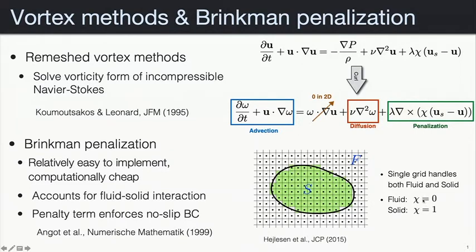The next step is creating a variable called chi, the characteristic function. Chi is equal to 0 when you have pure fluid and chi is equal to 1 when you have pure solid. And you need to do something special at the interface. If you just say chi equals 1 and 0 and nothing else, you get this stair-stepping, as you can see here.